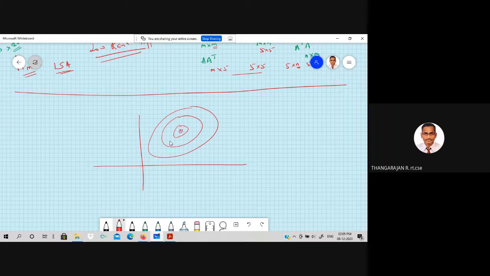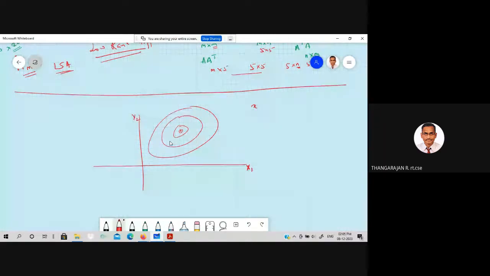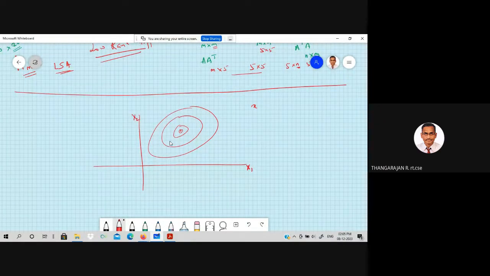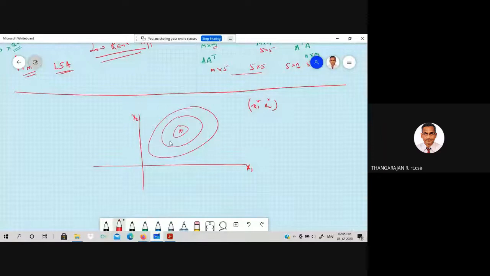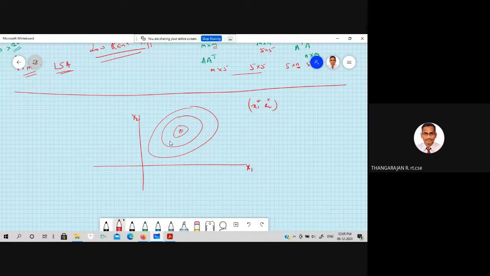This is the point x1, x2, and this point is x1 star, x2 star, meaning that is the optimal point. Any other point you take, the value will be more.